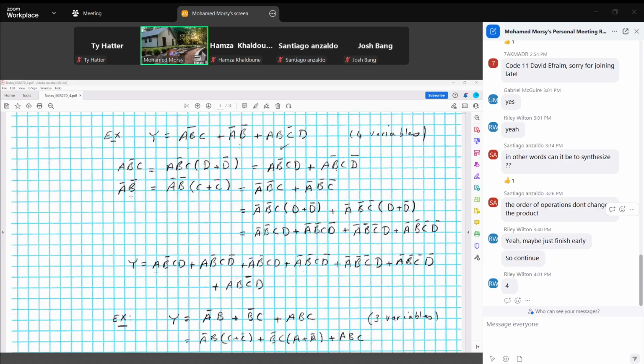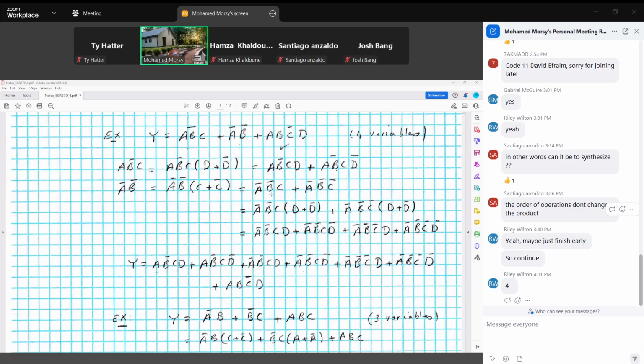So we have two variables missed here, C and D. So we take it step by step. We consider one variable first, and then we consider the other one. So let us take C. Same thing, multiply by C plus C inverted.